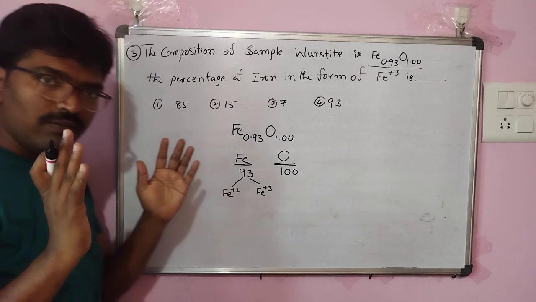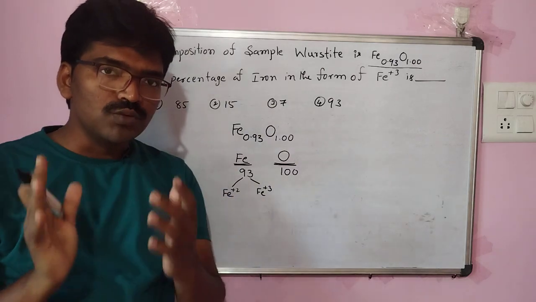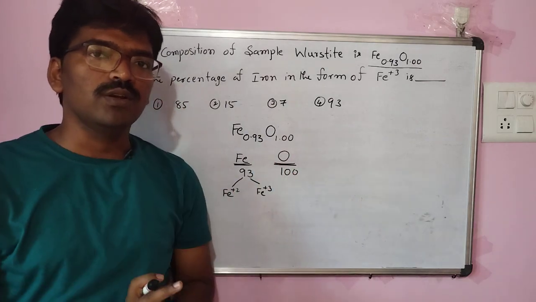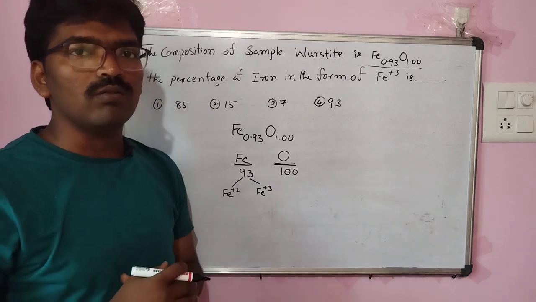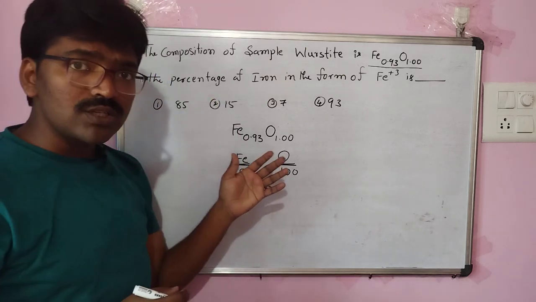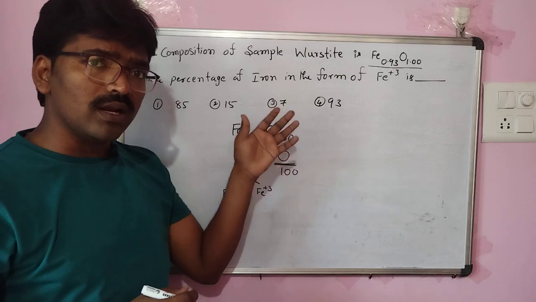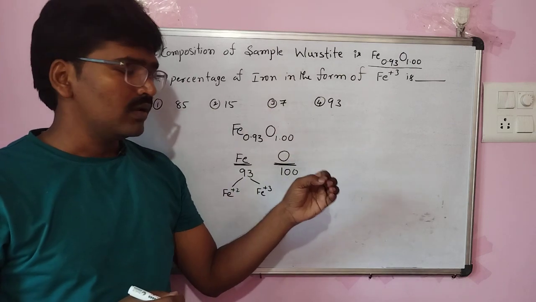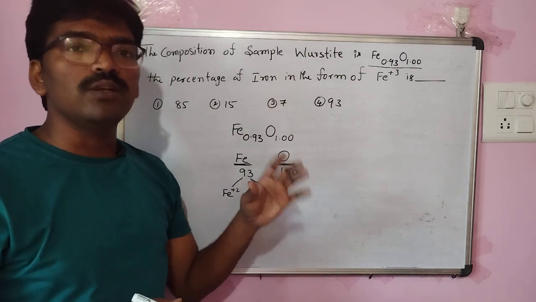Here, in every molecule, positive charge is equal to negative charge. You can take the charges as both equal, because even non-stoichiometric or electron deficiency defects are electrically able to maintain neutrality.